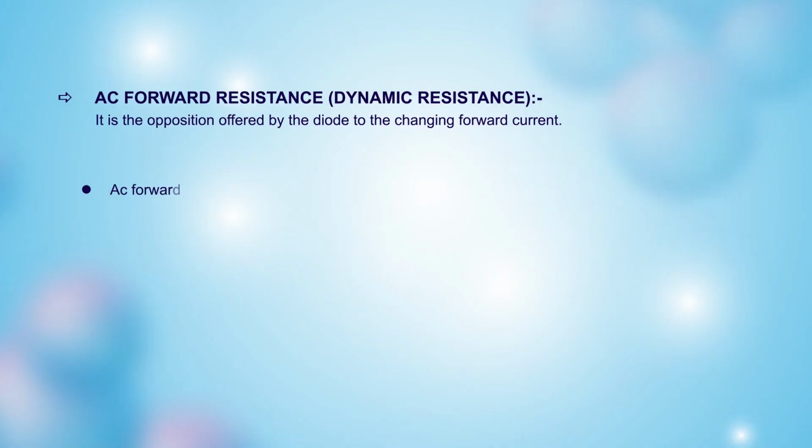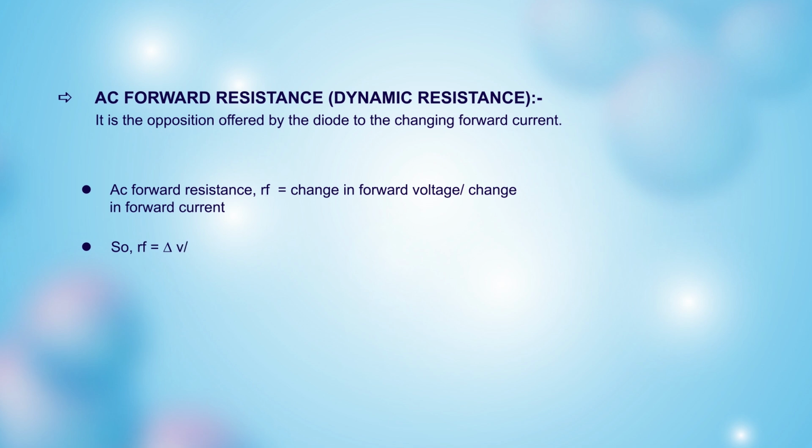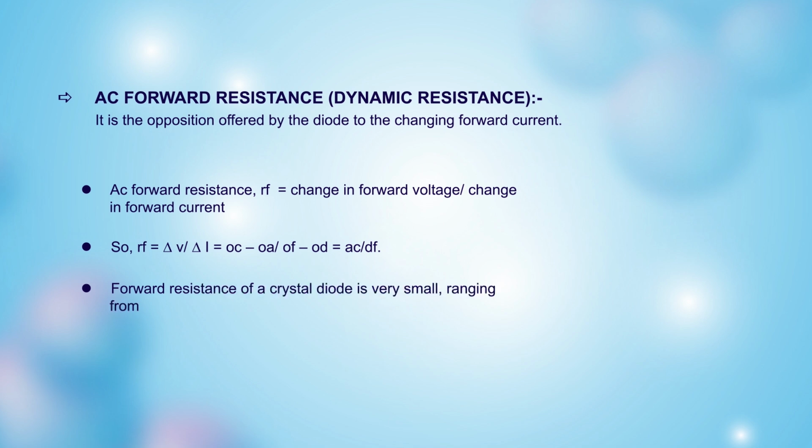We take a value on the higher side and the lower side. Similarly, we measure the current on the upper side and the lower side. So, AC forward resistance is obtained as rf equal to change in forward voltage divided by change in forward current. So, rf will be equal to del V divided by del I, and from the figure we can see that del V is OC minus OA and del I is OF minus OD.